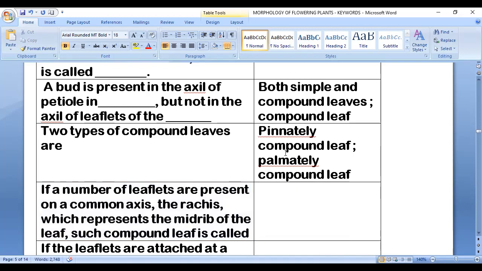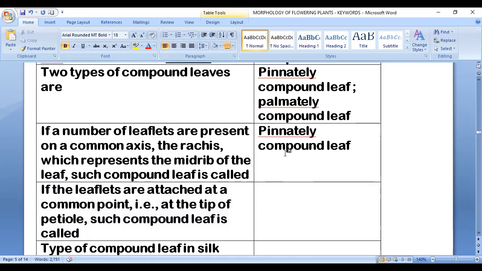If a number of leaflets are present on a common axis, the rachis, which represents the midrib of the leaf, such a compound leaf is called a pinnately compound leaf. If the leaflets are attached at a common point, that is at the tip of the petiole, such a compound leaf is called a palmately compound leaf.